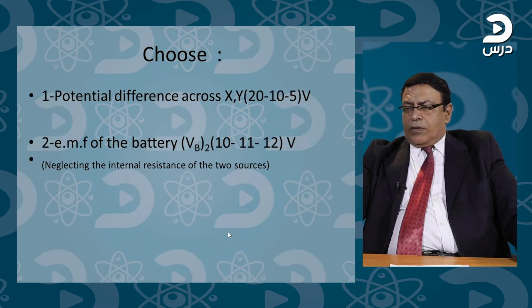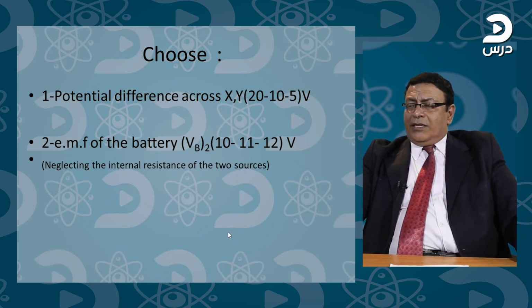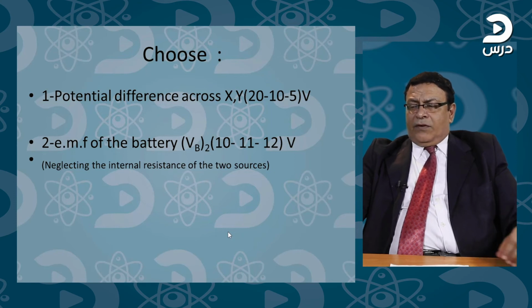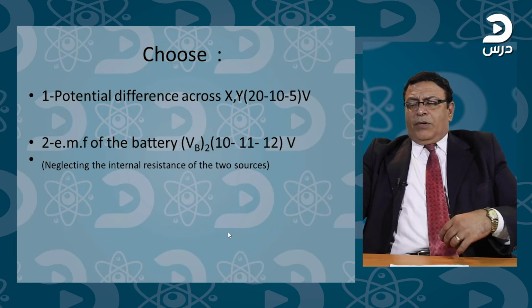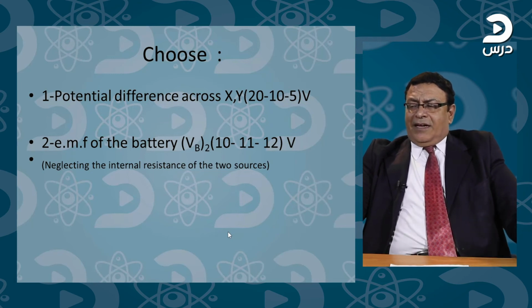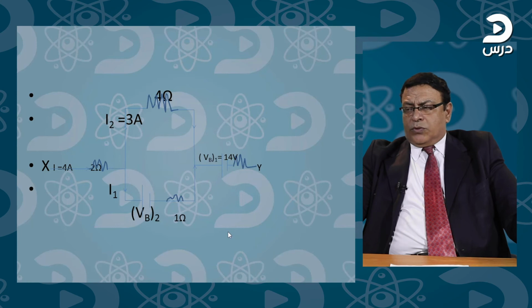Choose. It says: the potential difference across x and y, is it 20, 10, or 5 volt? But the EMF of the battery VB2, is it 10, 11, or 12 volt? Here it says neglecting the internal resistance of two source.